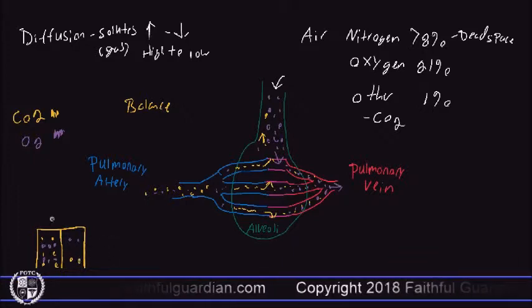What would happen is that over here we have a very high concentration of CO2 and a very high concentration of oxygen. So the particles would move over to this side to even out.